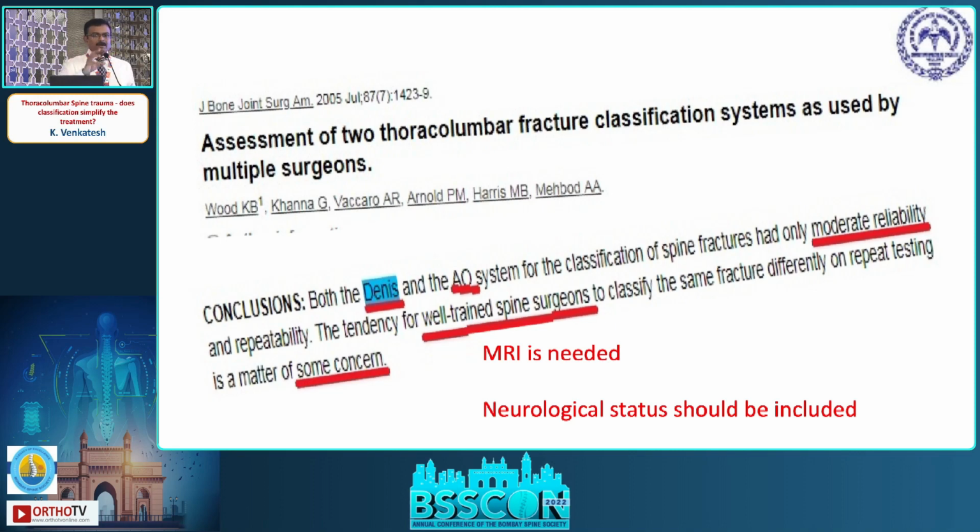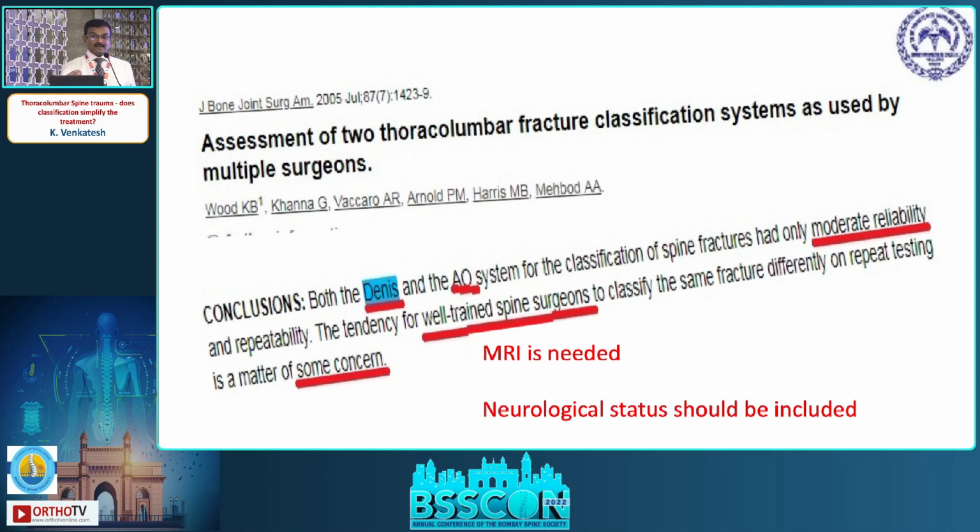But neurology is what actually makes us decide what to do in a case. If a patient has an unstable burst fracture without neurological deficit, we might put a screw into the fragment and fix it. But if the patient has a neurological deficit, we will end up decompressing it. This is what was missing in the previous classifications.